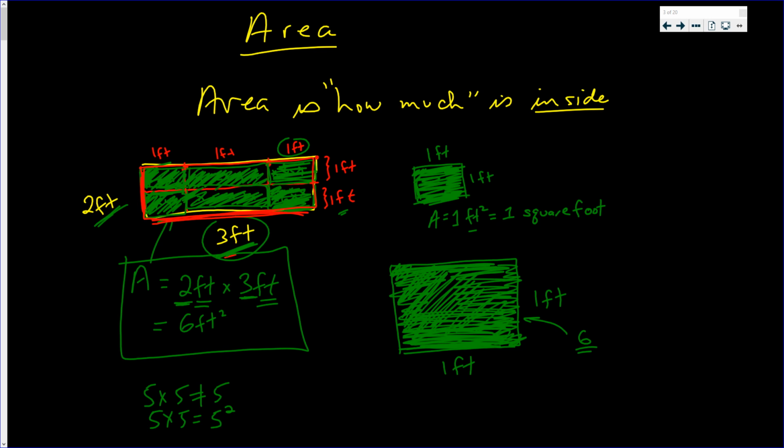Now, just to make a comment, when you have a circle, they talk about square units, whether it's square inches, square feet. Well, one reasonable question would be, but a circle is round. How do you end up with square feet?